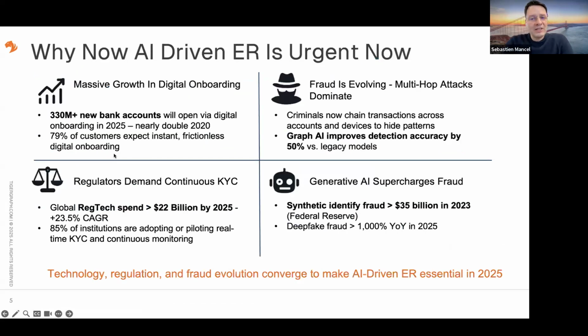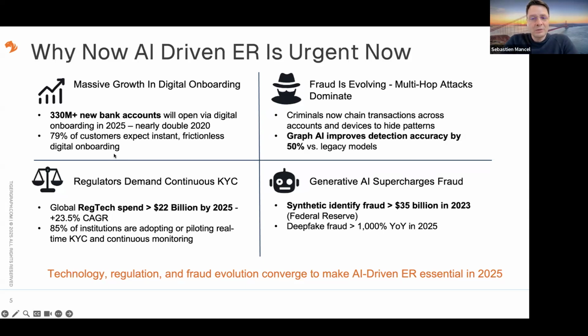So, we've seen how legacy systems create blind spots. But why now? Why is 2025 the moment for organizations to modernize AML and KYC with AI-driven entity resolution? Well, for one, we're seeing a massive growth in digital onboarding. There's absolutely an explosion of digital account openings with over 330 million new bank accounts projected to be opened online in 2025.